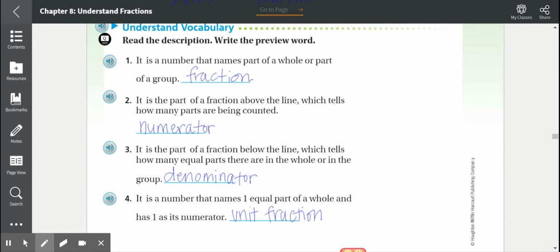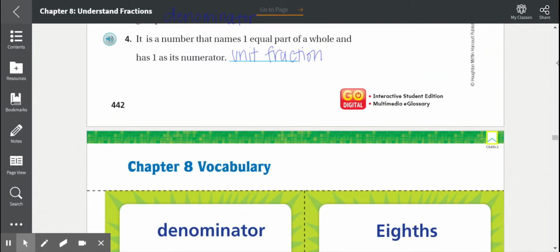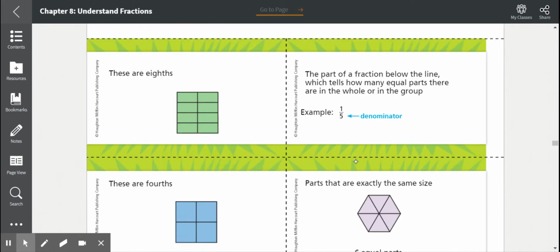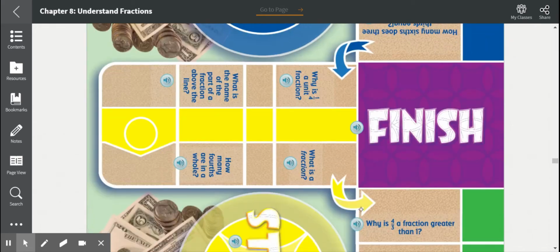We will talk more about them as chapter 8 goes on, so these words will become very familiar to us. All right, finish writing those. When you're ready, turn your pages and go to page 443 so that you are on lesson 8.1.